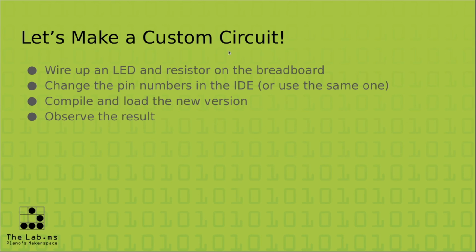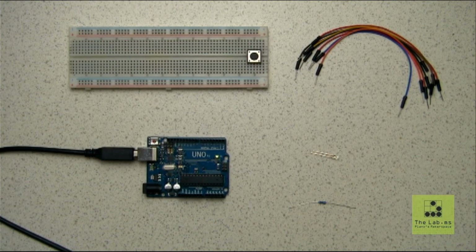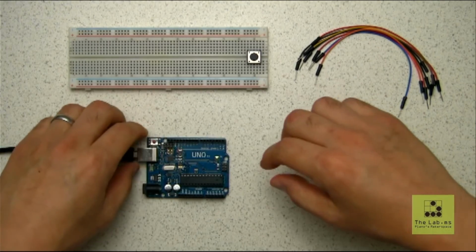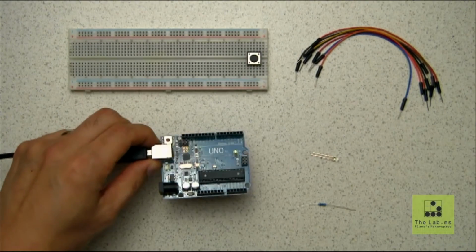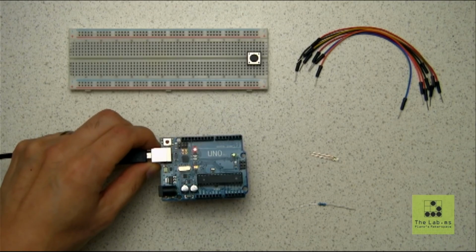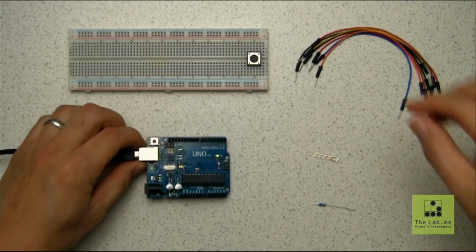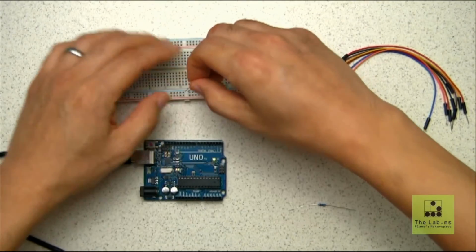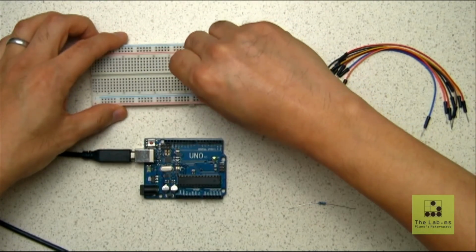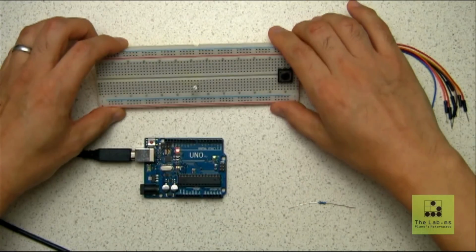All right. Okay, so here's our Arduino. This LED is on pin 13. I know you can't see that from there, but you can take my word for that. So what we're going to do is wire up an LED. We've got our handy breadboard here.